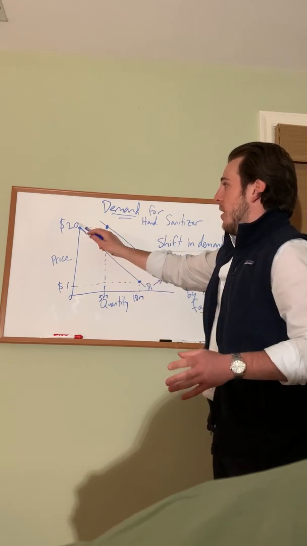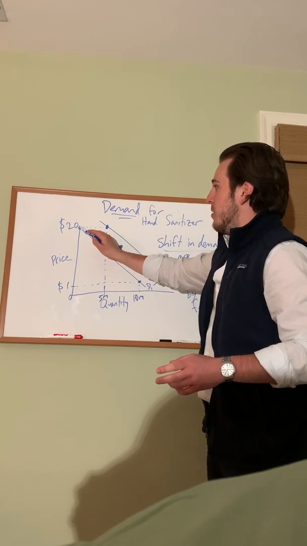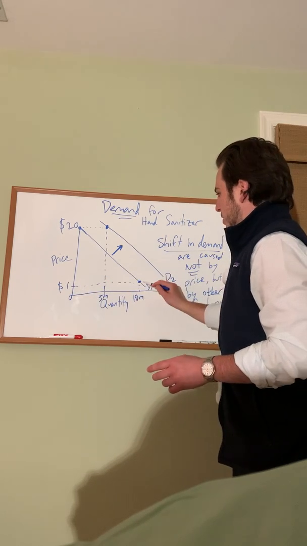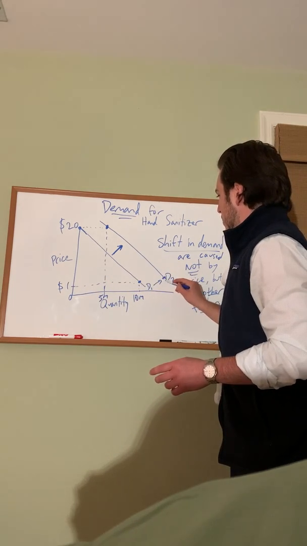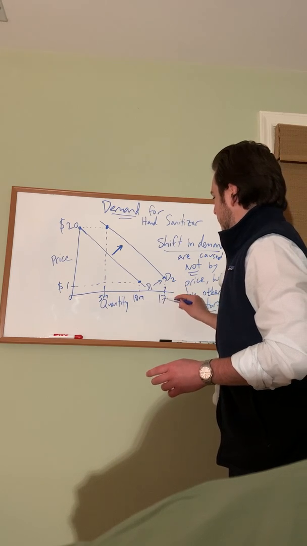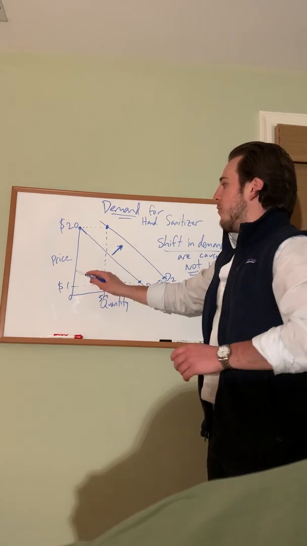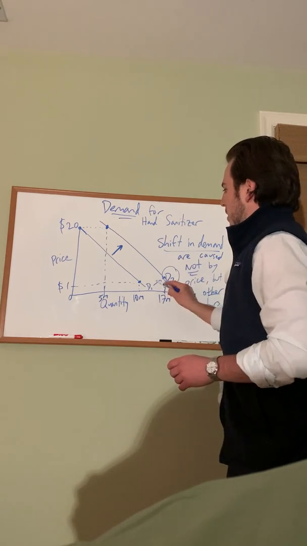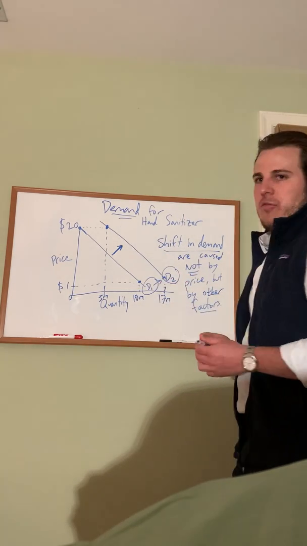So at $20 per bottle, you used to be able to sell 0. Now you can sell 5 million. At $1 per bottle, you used to be able to sell 10 million. Now you can sell whatever this number is, 17 million. Okay? At every single price, you're now able to sell more than before, and more quantity is demanded than before.